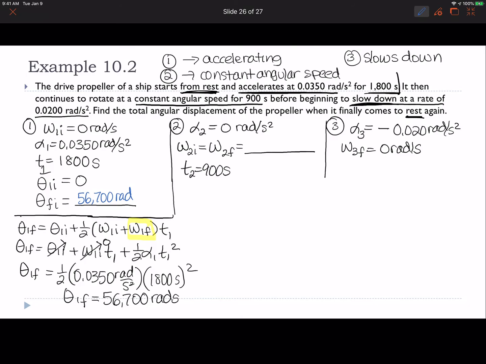So now perhaps we can move on to the second part of the motion where it moves at a constant speed. And so I do know the angular acceleration, I know the time, and I also now know what the initial position is. The initial position is going to be 56,700 radians.